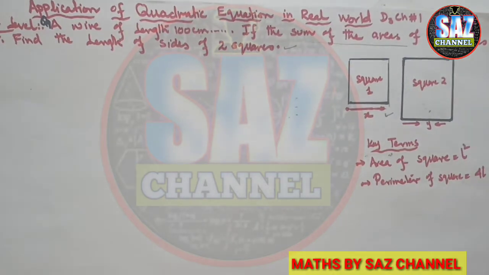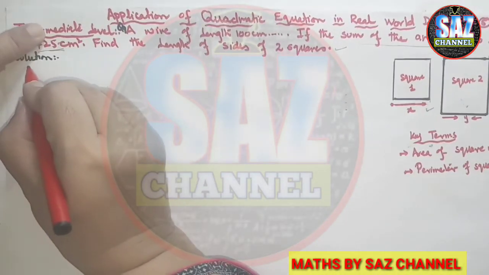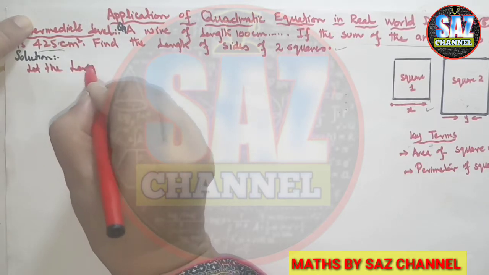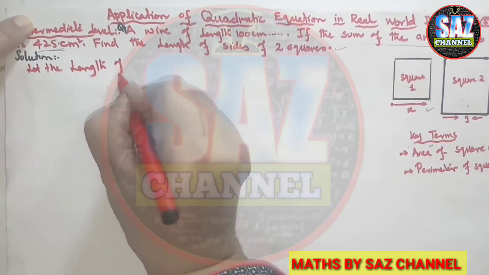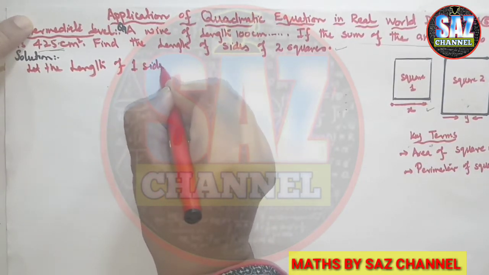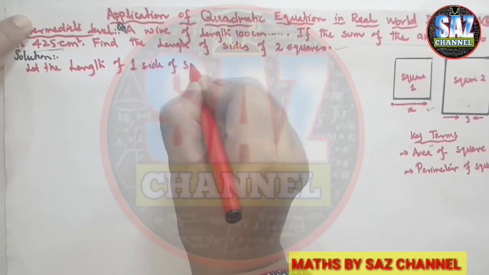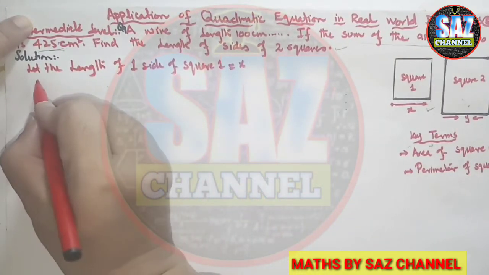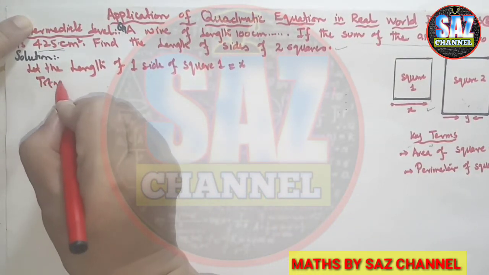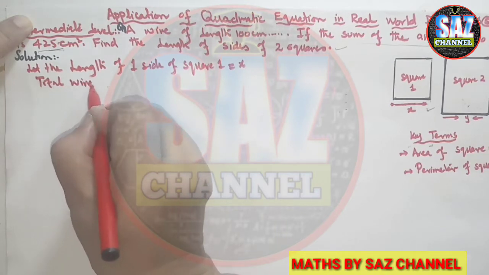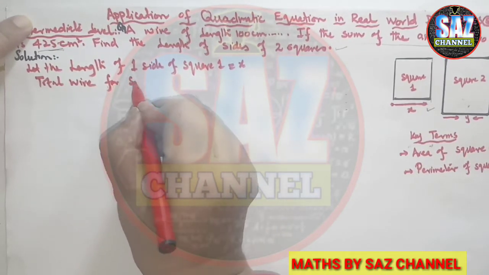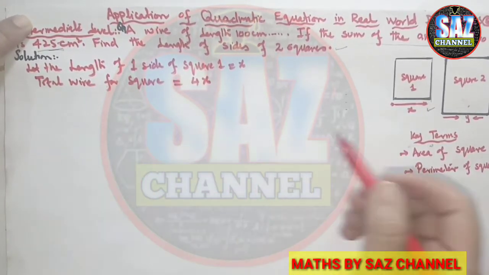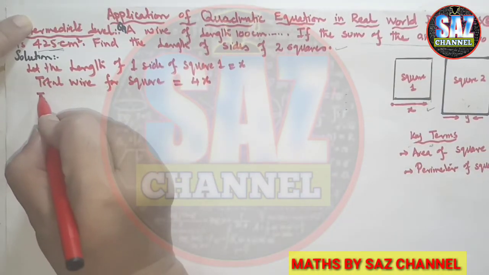Now, let the length of one side of square 1 equal x, then total wire for square 1 equals 4x, and same for the total wire used for making the second square.